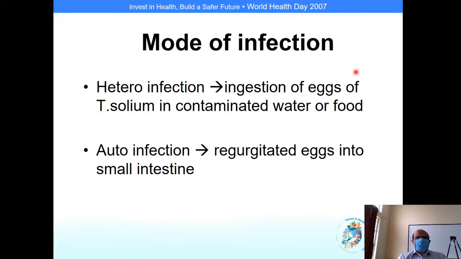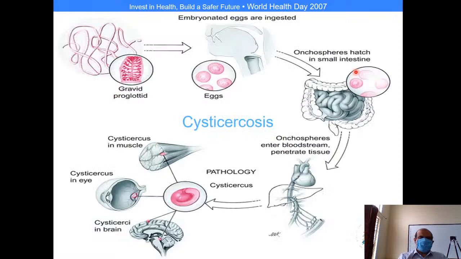Modes of infection are heteroinfection, which leads to ingestion of eggs of Taenia solium in contaminated water or food, and autoinfection, leading to regurgitated eggs into the small intestine.